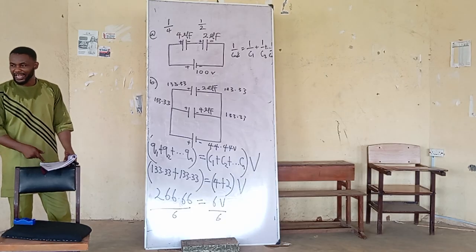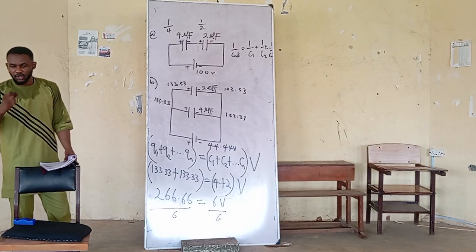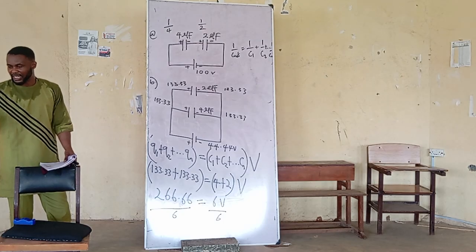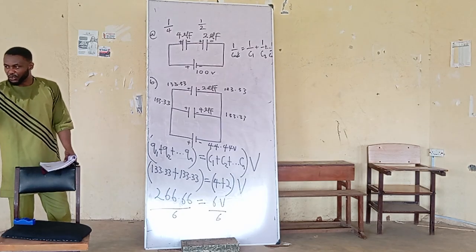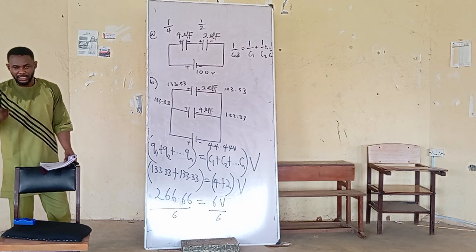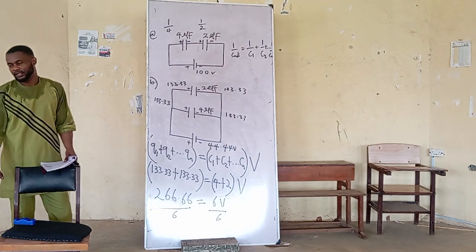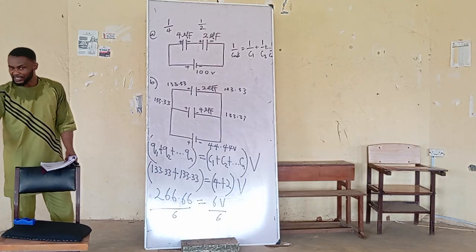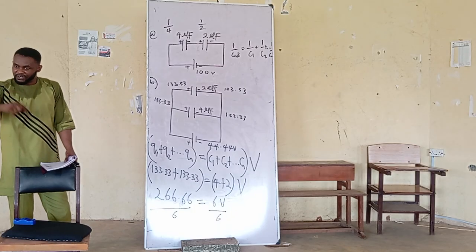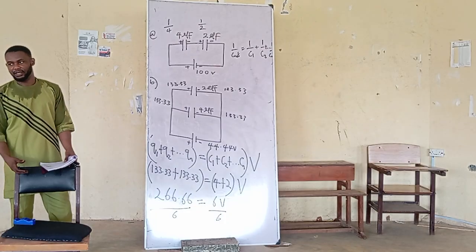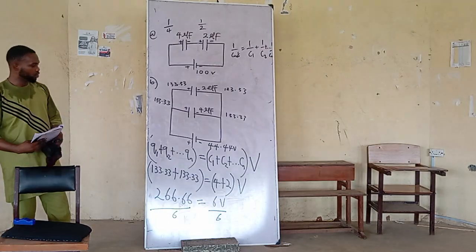This question that involves capacitor and resistor does not focus on you answering what you are asked. It focuses on you having the mindset that charge directly proportional to voltage means that every question asked requires you to find the whole charge, the whole voltage, the whole capacitance. If along the line you are able to solve what you are asked, you can stop there. But it's always requiring you to go through the whole thing.